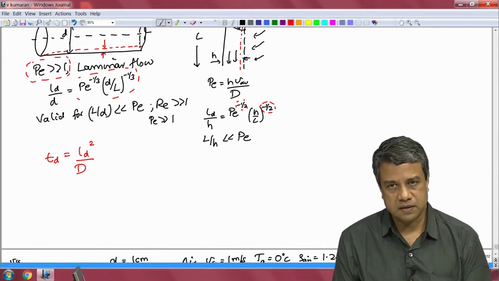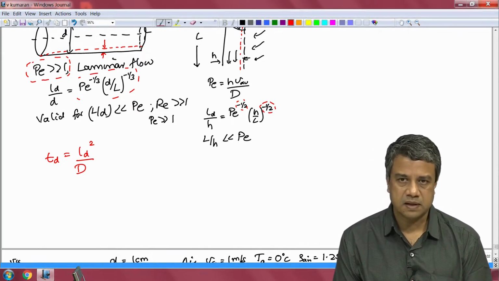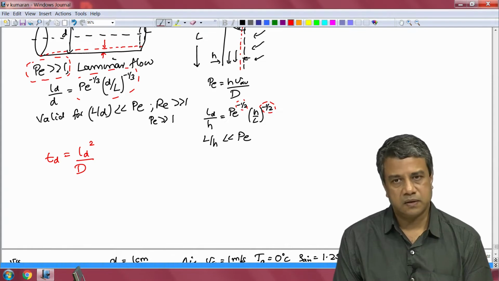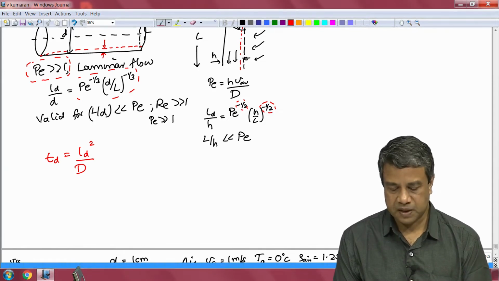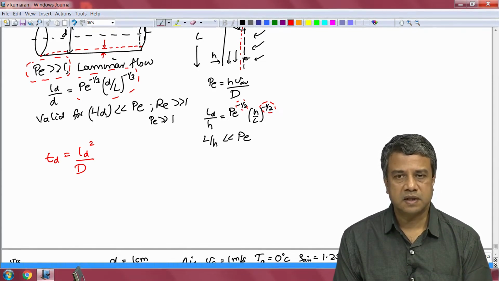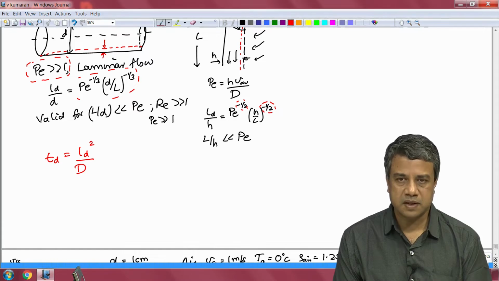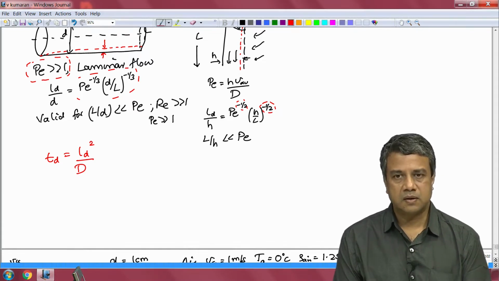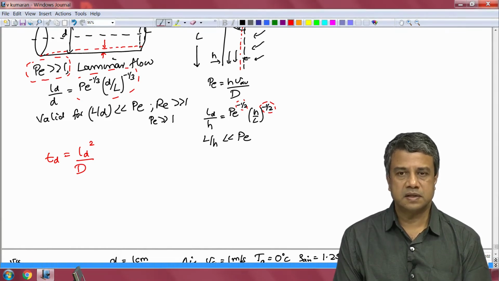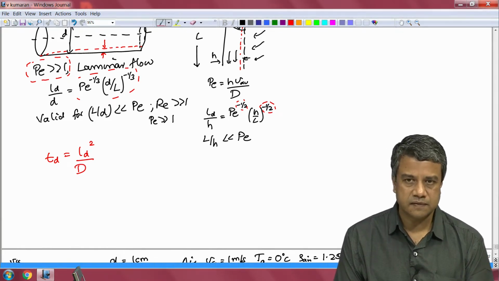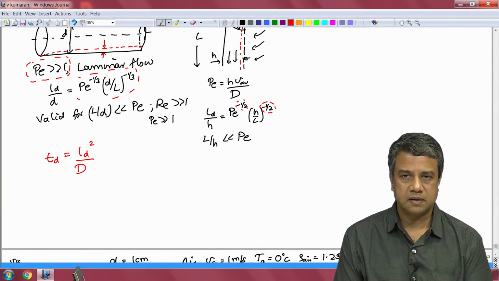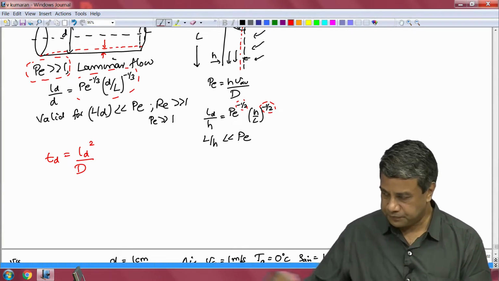So long as this diffusion time is much smaller than the time for evolution, you can use the steady state approximation, and so long as this diffusion length is much smaller than the dimension of the object, you can locally use a correlation derived assuming that the temperature difference is a constant or the concentration difference is a constant.